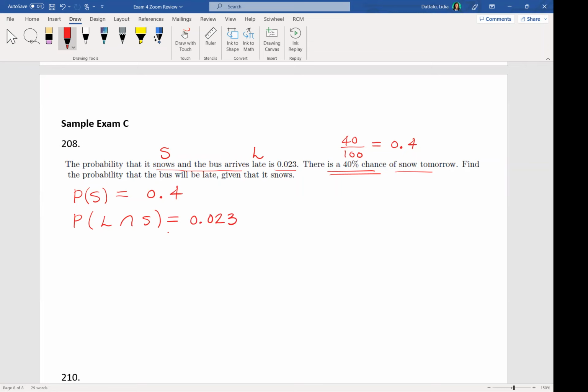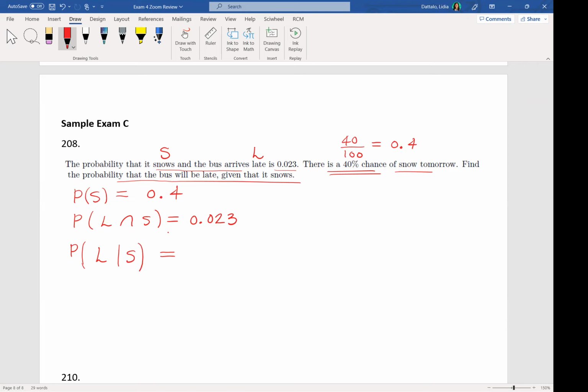So now what I want to find is the probability, what we're looking for, the probability that the bus will be late, so L, given that it snows. Okay, conditional probability, we need to find the formula for that.